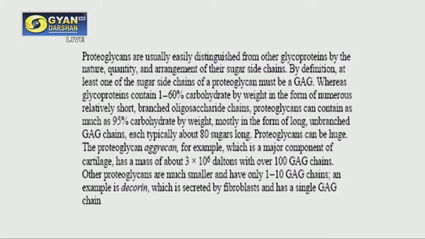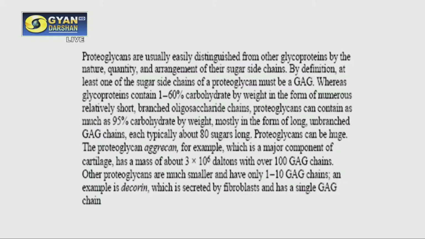Now, proteoglycans are usually distinguished from other glycoproteins. Now, we come to another point, that is, can you regard proteoglycan to be a glycoprotein? What is the difference between a proteoglycan and a glycoprotein? Apparently, it might seem that these are the same, because glycoprotein is also composed of sugar and protein, and proteoglycan is also protein plus sugar or any carbohydrate.